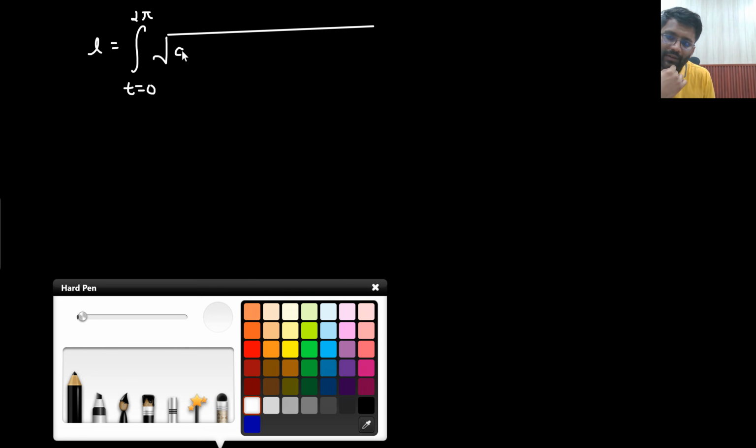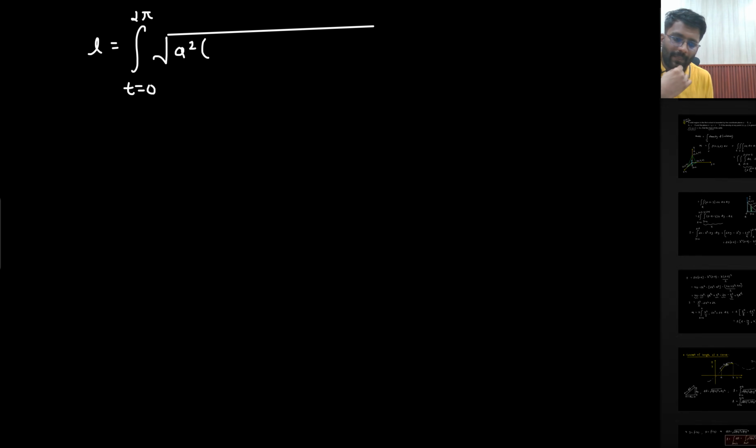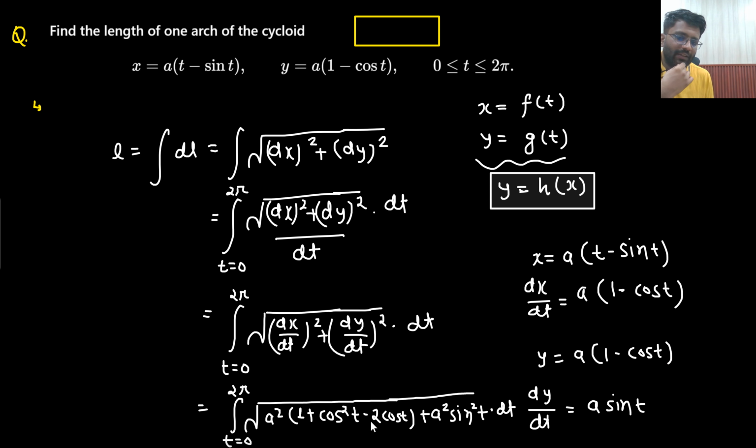Length L, t going from 0 to 2 pi under root a square common, and inside this you will be getting 1 plus cos square t plus sin square t minus 2 cos t dot dt.